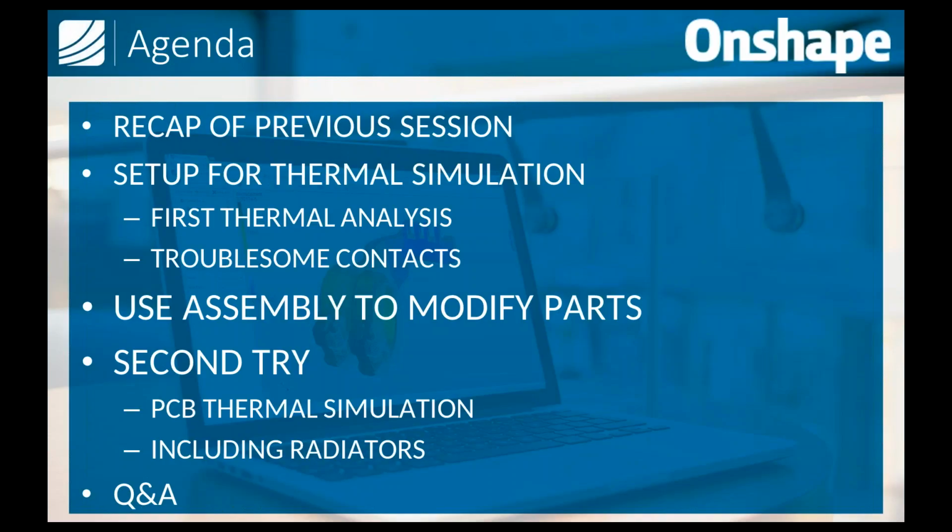After that, we'll take a look at the troubles we can find when we prepare the geometries in a certain way, and we'll use the existing design to make modifications to it such that it will be more suitable for simulation purposes. From there, we'll make a second try for our thermal analysis of a PCB board and obviously improve the design, including some additional parts. We'll end the session with a Q&A.